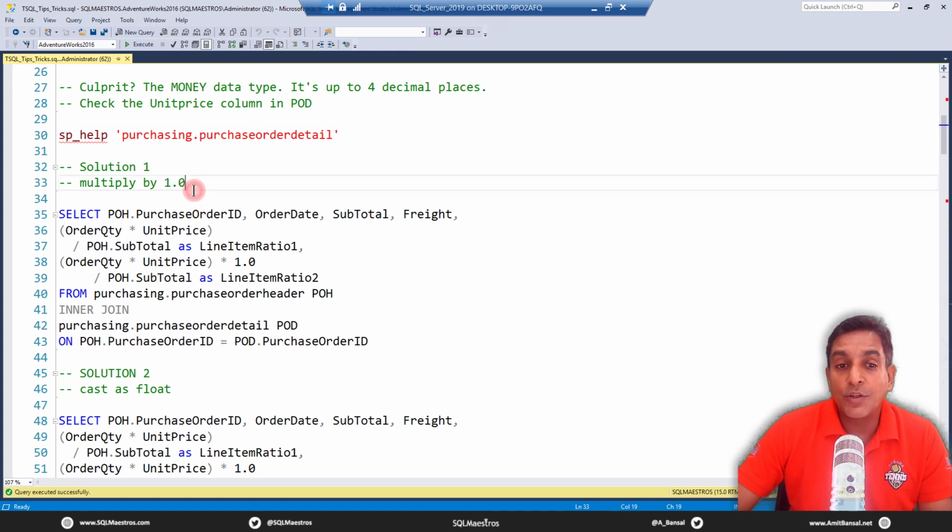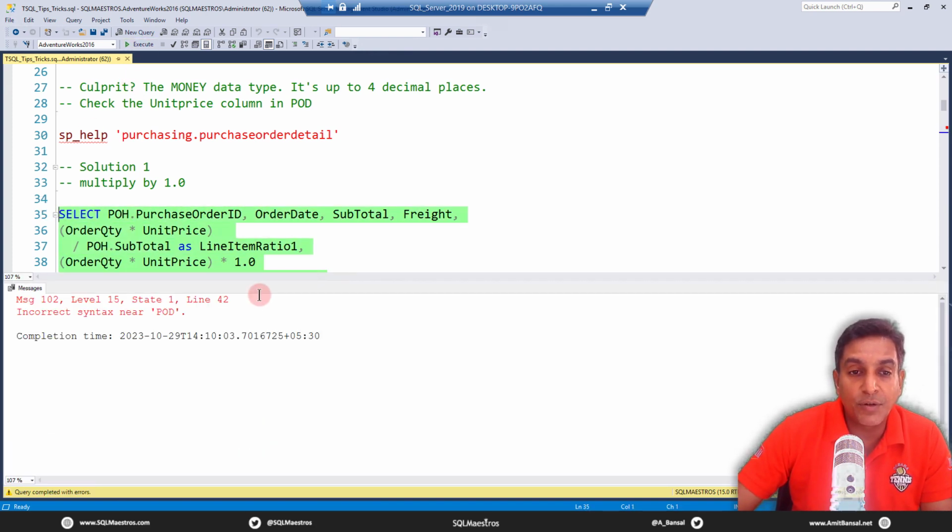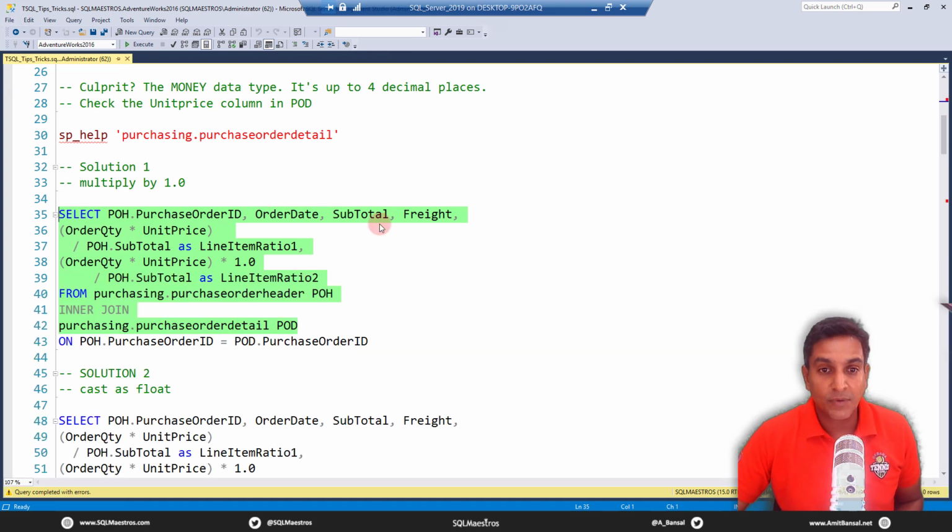If you do this, you will get a much higher precision. So if you look at line item ratio 1, which is the default we were getting, I've computed another one here called line item ratio 2. And here you can see I'm computing this with 1.0 because unit price is being multiplied here. So let's execute this. Oops, what's wrong?